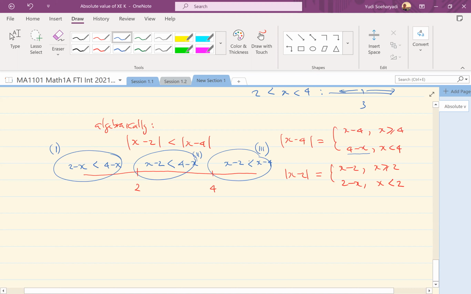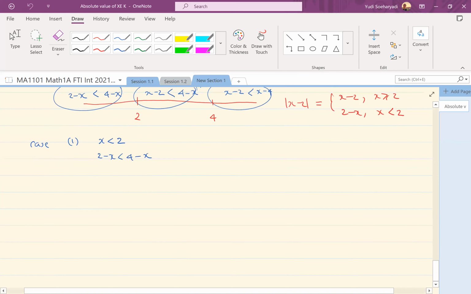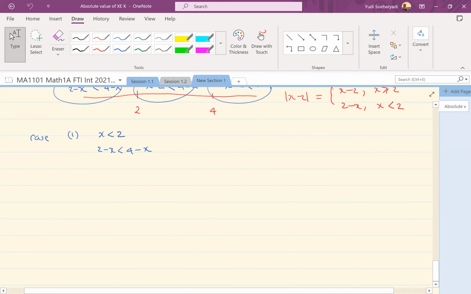Okay, so we solve this one. How to solve this one? Let's see, is that correct? Oh, yes, correct.